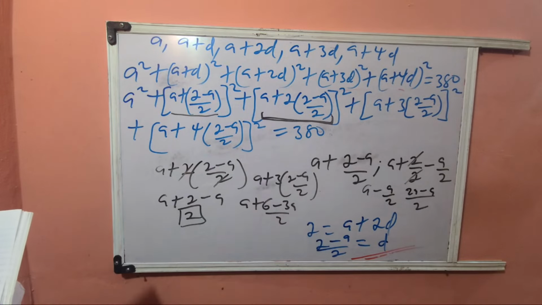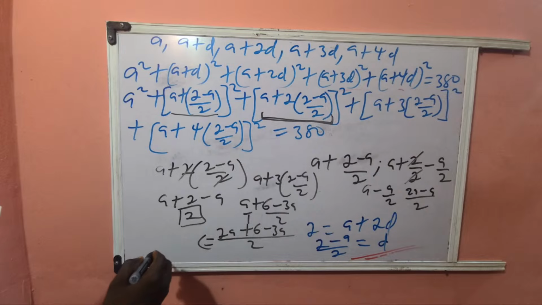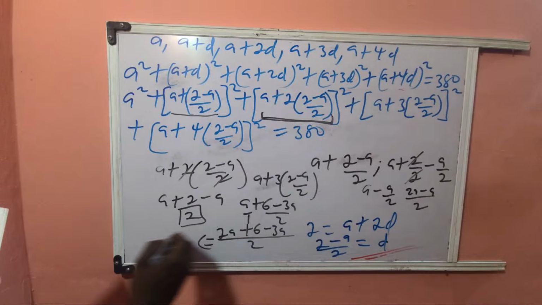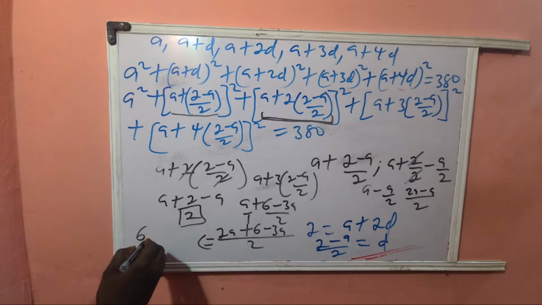So the LCM will be 2, and then you'll be having 2a plus 6 minus 3a. What this will give you is 2a minus 3a, that will be minus a, so that will be 6 minus a over 2.